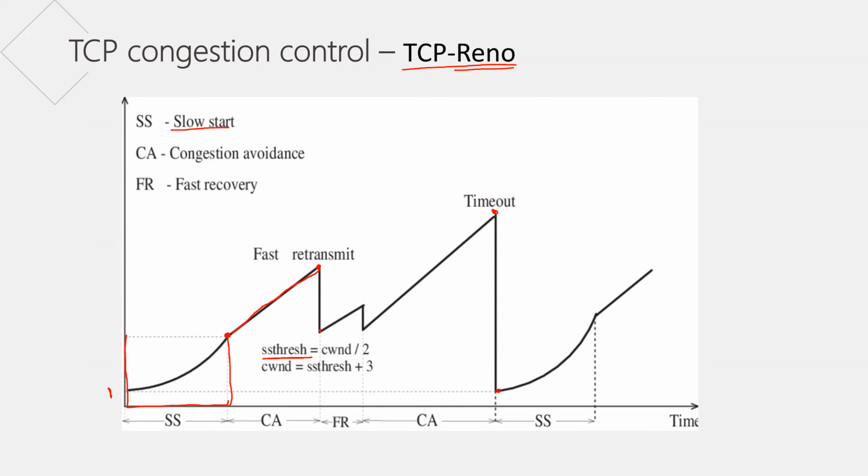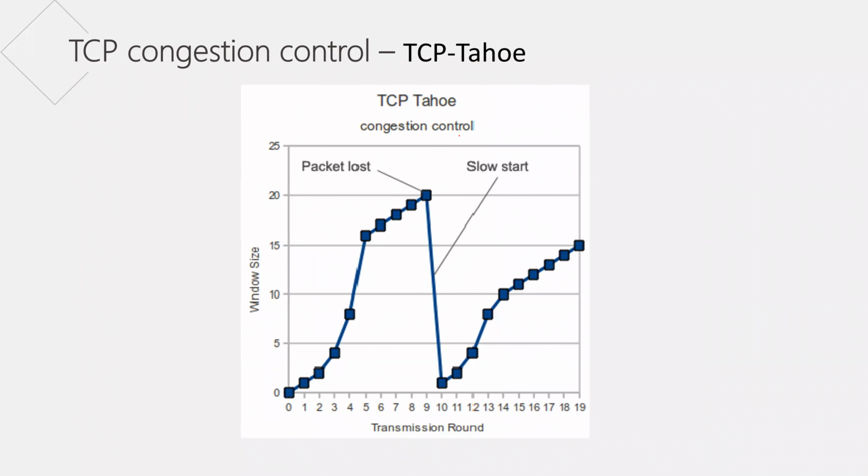Then let's have a look at another strategy, which is Tahoe. Tahoe is here. So what is Tahoe? This part is slow start, right? And we come to the SS threshold here.